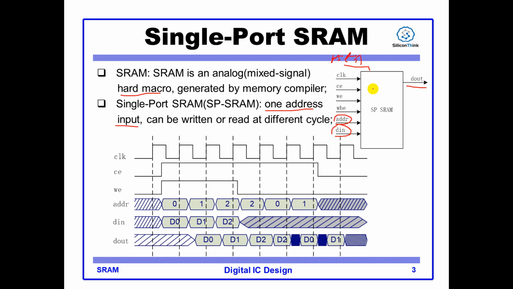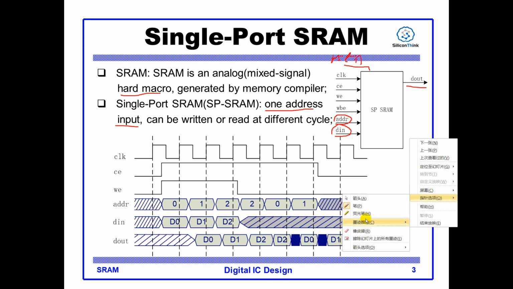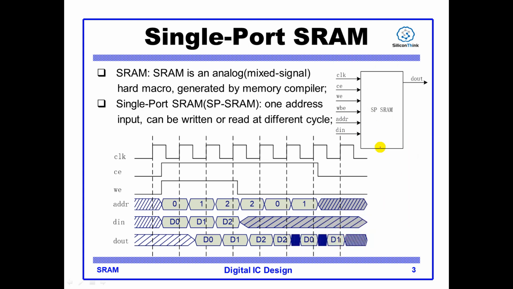So the usage of SRAM is we first write to a location, then read it back. First write, then read. It's acceptable to read before write, but the returned value will be random. You can't predict what it is. Okay, this is the general description of SRAM.